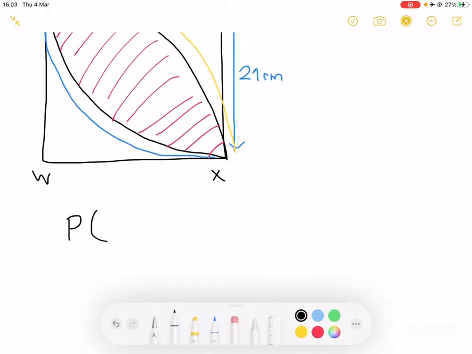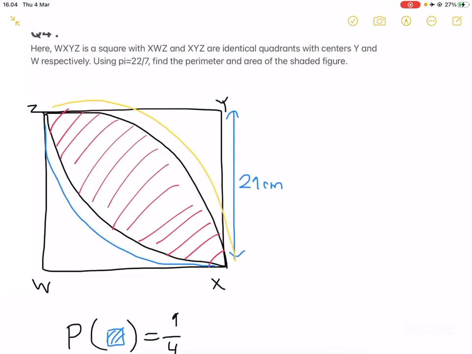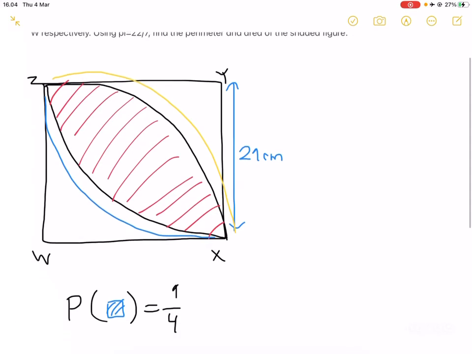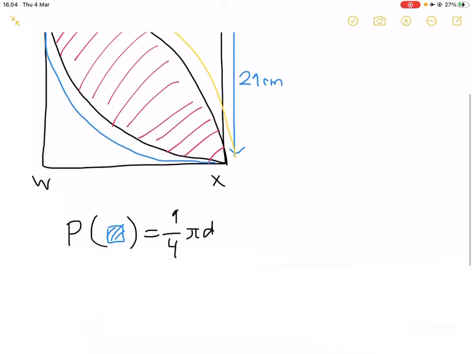So the perimeter of the blue arc will be equal to a quarter of the circumference of the circle that was originally built in this quadrant. So we have a quarter pi d.